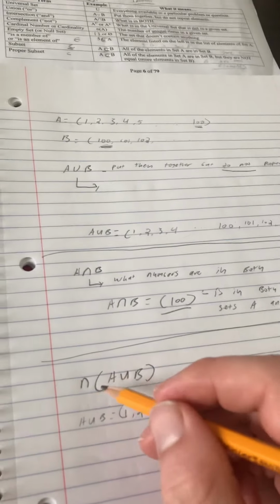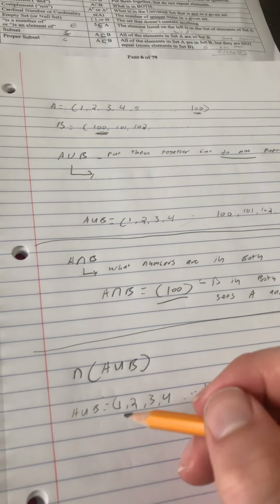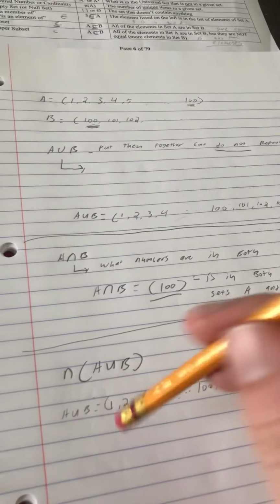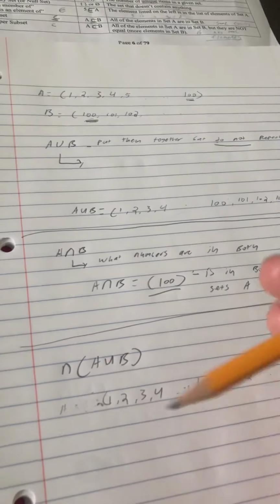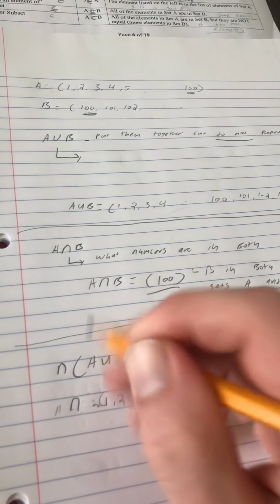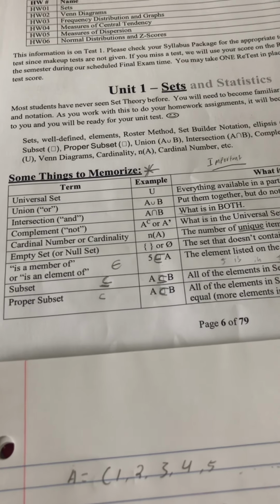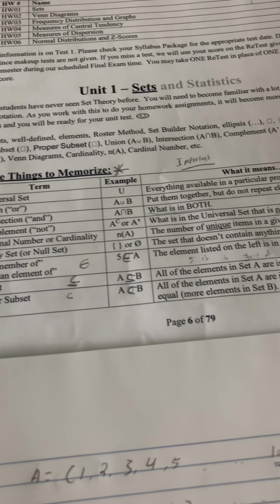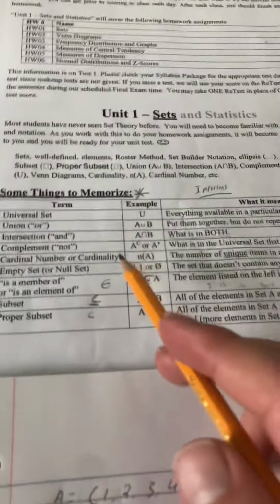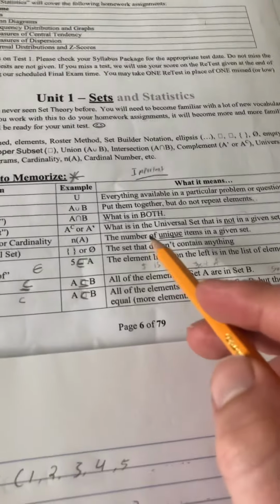But we see here that it's asking for N. Let's come back up here and figure out what that means. Remember, that N symbol means the number of unique items in a given set.